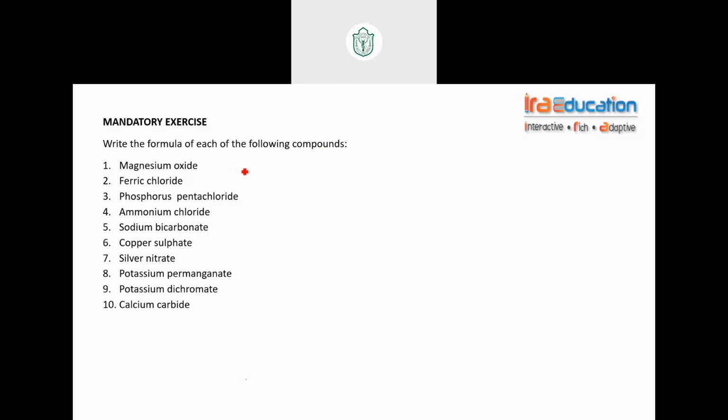What is magnesium oxide? MgO. What is ferric chloride? FeCl3. Ferrous chloride is FeCl2; ferric is FeCl3. Phosphorus pentachloride? PCl5.